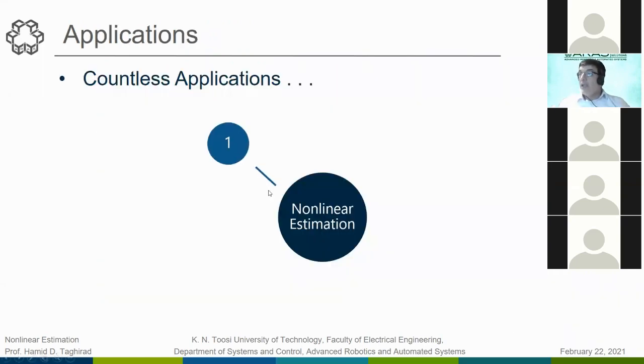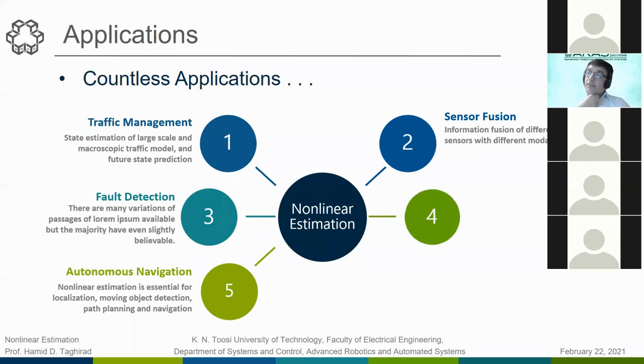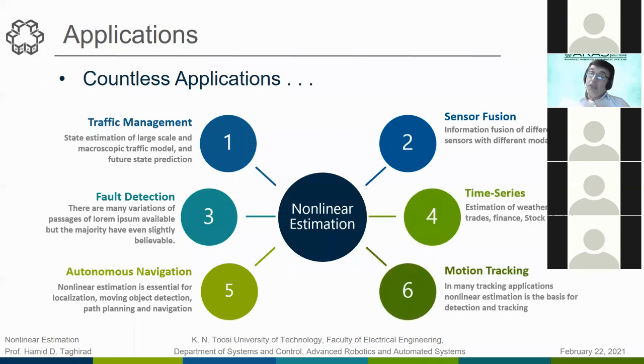And I finalize with some other applications. I won't name them all. This kind of nonlinear estimation and prediction is not just used for control or for robotics, but maybe for traffic management, in terms of a large microscopic model of the traffic system, to monitor the traffic and furthermore to control it.